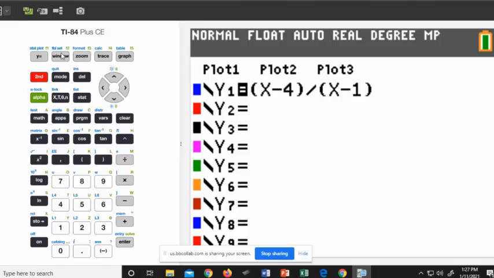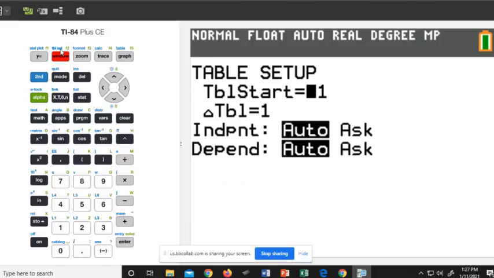Then I'm going to go to the table setup, which is under Window. Instead of independent being auto, which is just going to give you a whole list of points on the graph, I'm going to set it to ask, and then go to the table.